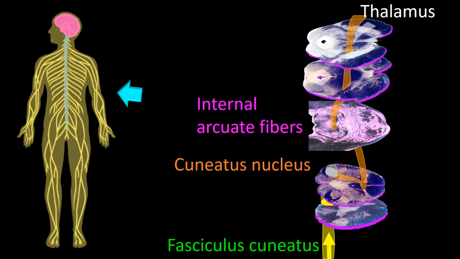We have just explained the dorsal column pathway for the upper body, shown here. Now we will talk about the fibers carrying the same modalities from the lower body. These fibers follow a similar trajectory.